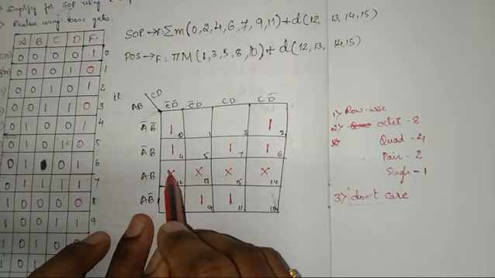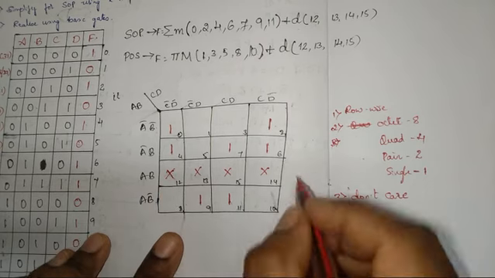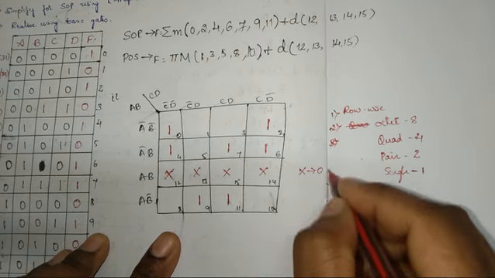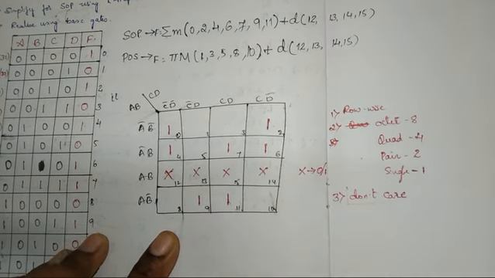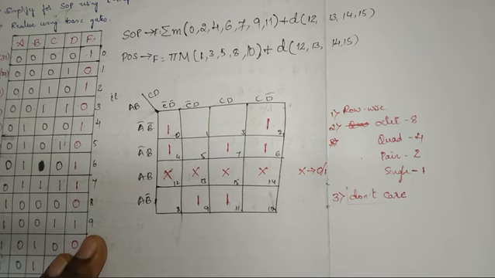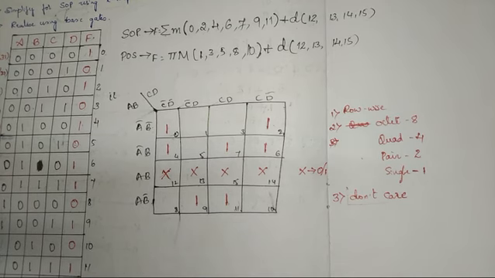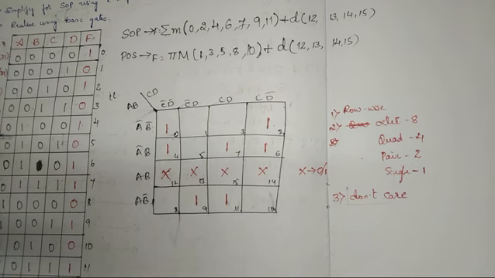Why? Because here we are having don't care. Don't care meaning we can use this as 0 or as 1 as per our convenience. For example, while playing, if we are having any shortage of players, what we will do, we will ask some small child to play with us.